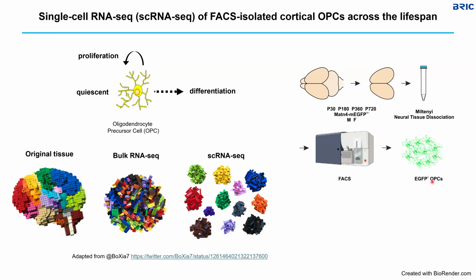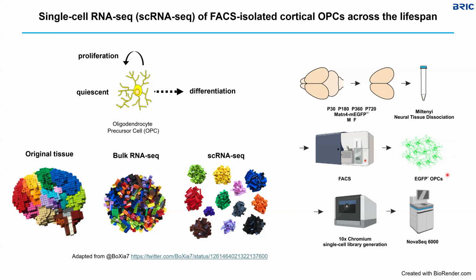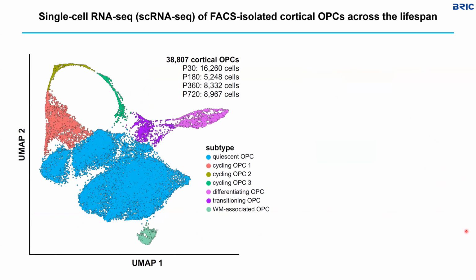Once I had the enriched isolated population of OPCs, I generated single cell libraries using the 10x Chromium system and sent them for sequencing. At the end of this journey, I ended up with 38,807 cortical OPCs represented from the 4 different ages I talked about, P30, P180, P360, and P720.